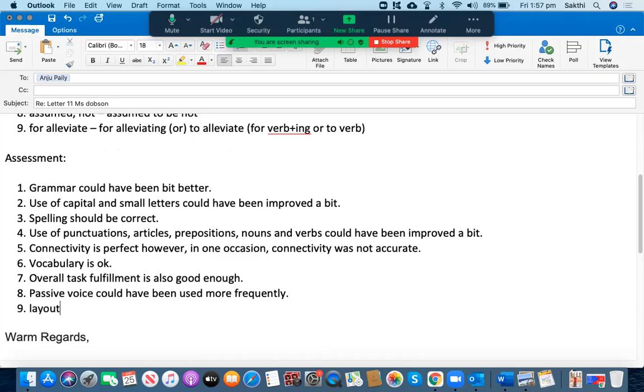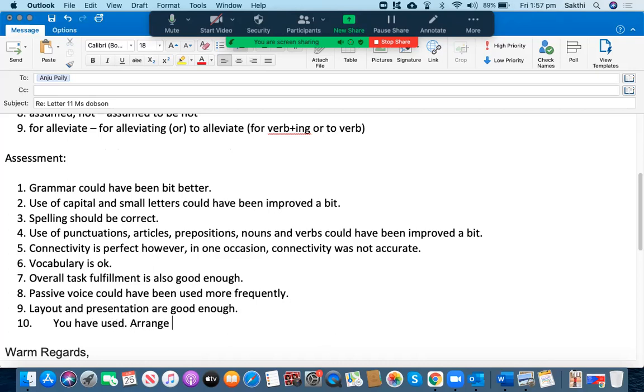What else? Layout and presentation are good enough. You were able to provide enough spacing between words and between sections and things like that. So it's really good. I'm very happy with the way that you have been progressing. You have used a range of sentence structures as well, so that's a good thing.